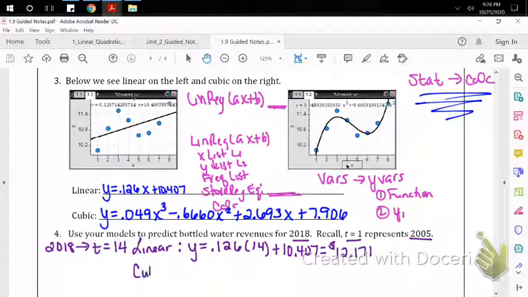Now let's try it for the cubic. Now the cubic equation, remember, is still in our Y1. So because of that, if we wanted to, granted, we could plug the 14 in for all 3 of these x values and solve it that way. Or we can go to our table and find where x equals 14, what is the y value.